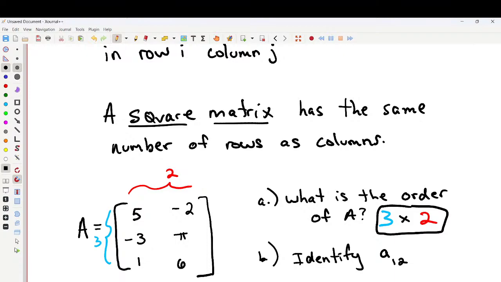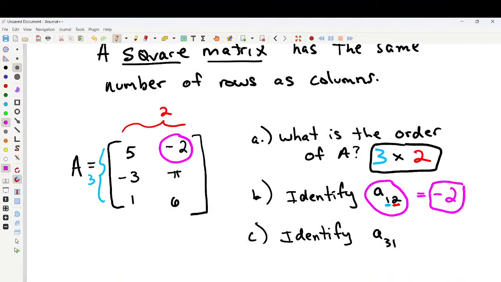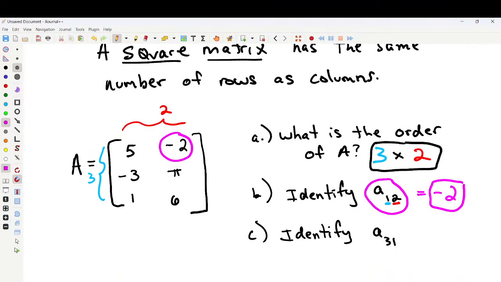What is the number represented by that notation? -2. We go to row 1 and position 2, -2. How about a sub 3, 1? 1.